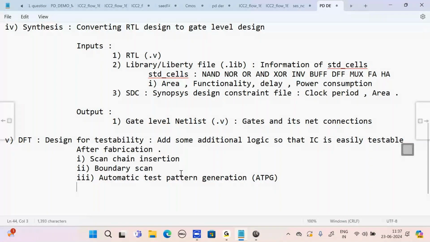BIST, right? Built-in self-test. For memories, they have BIST, built-in self-test, or MBIST, memory BIST. BIST stands for built-in self-test.